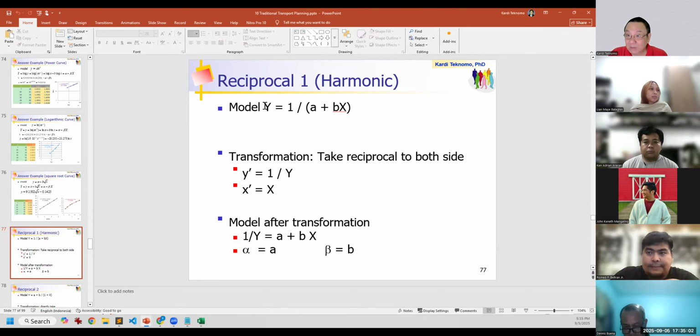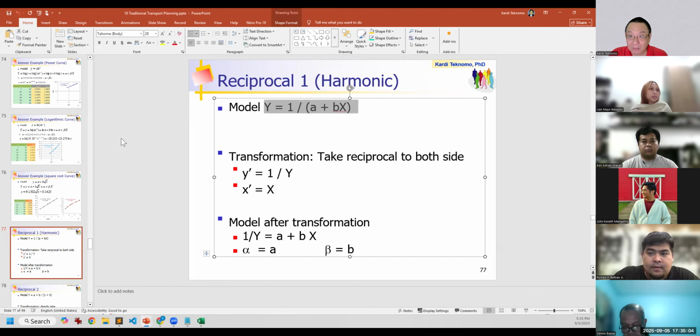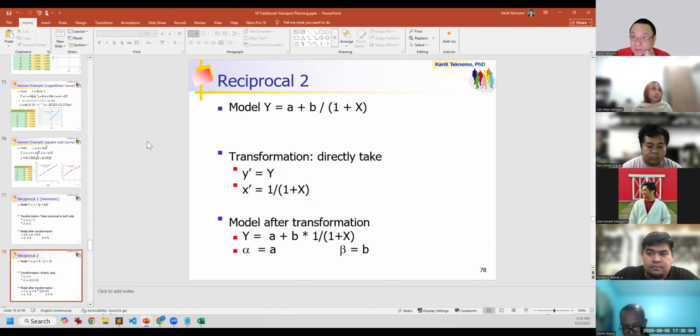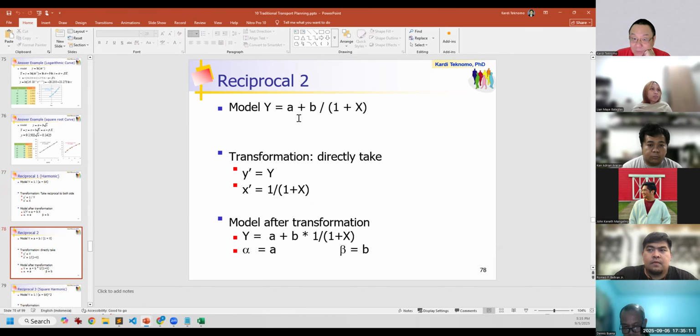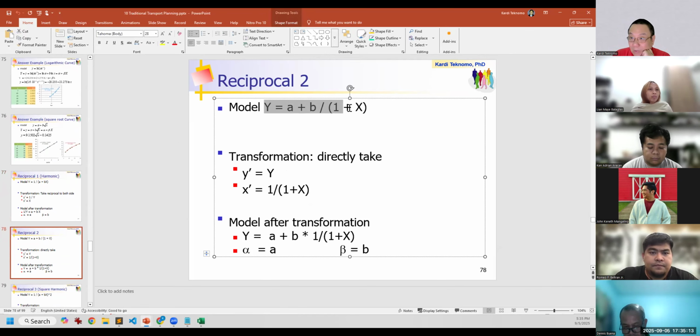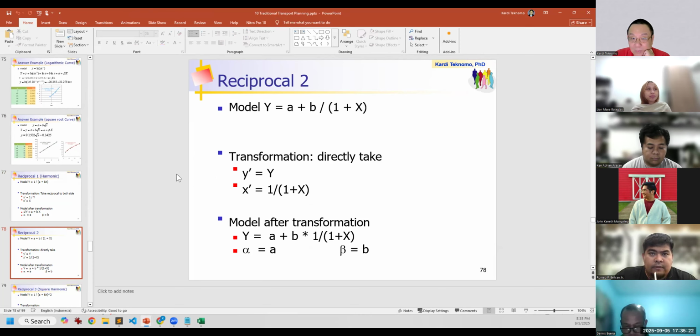Again, this model is not available in Excel, so you can do it on your own. You can also make a more complicated model, y equal to A plus B divided by something. Again, this is the transformation, and this is the model after the transformation.